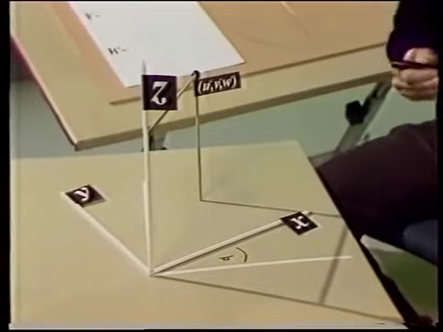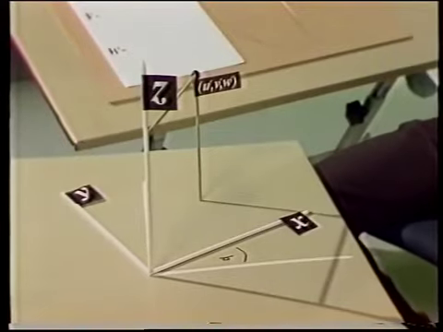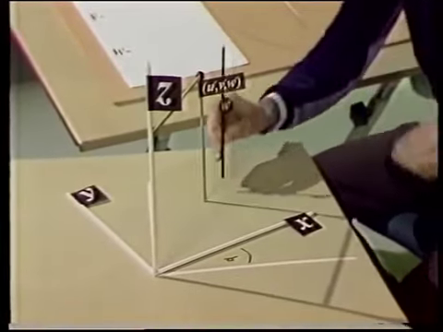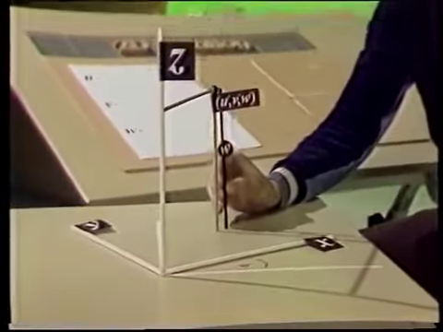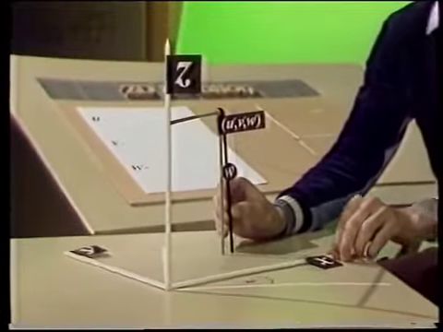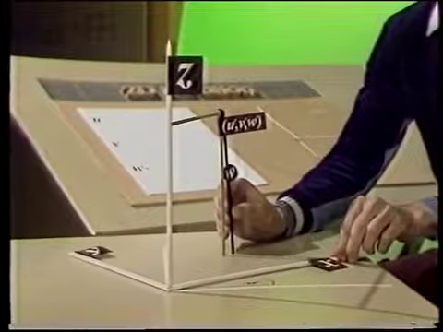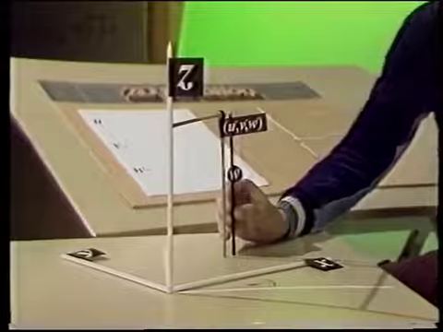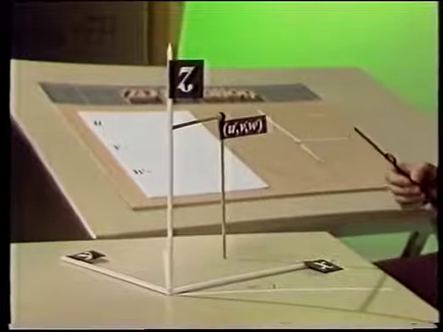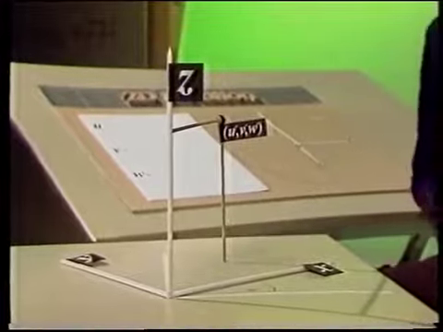Let's look at the z-coordinate first. That's this length, w. What happens to this coordinate when I rotate the axes? Nothing. The z-coordinate is completely unaffected by this rotation.